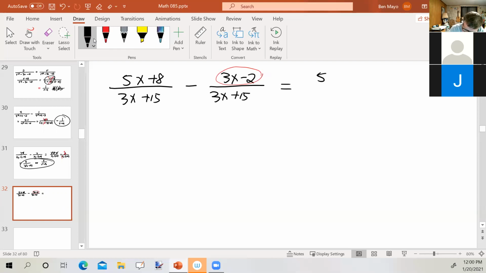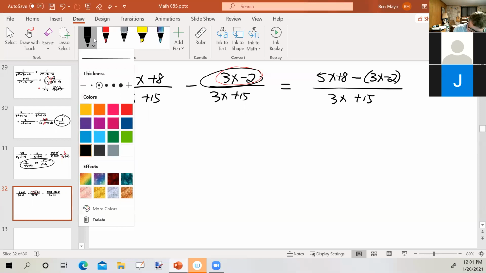This is going to be 5x plus 8 minus the quantity 3x minus 2 over 3x plus 15. If you don't ultimately take a minus times that whole thing and distribute it, you're going to get wrong signs on your numbers. So I'm subtracting all of that, okay?